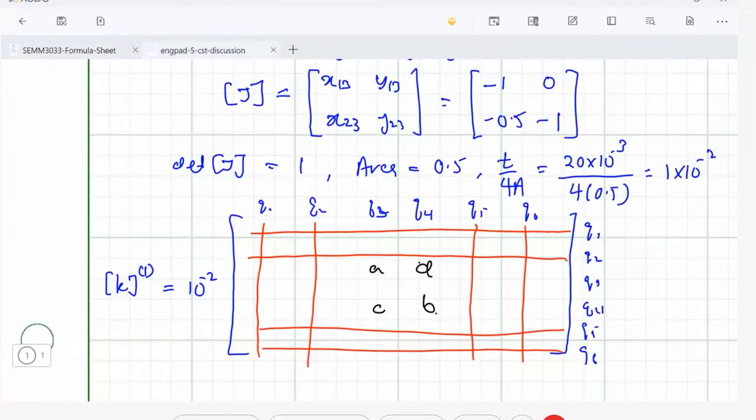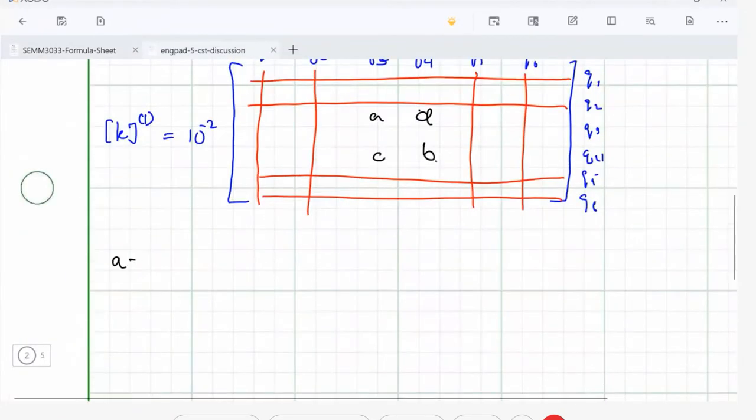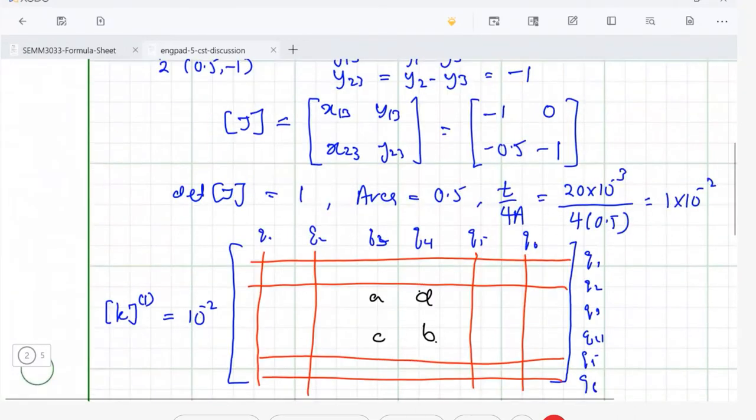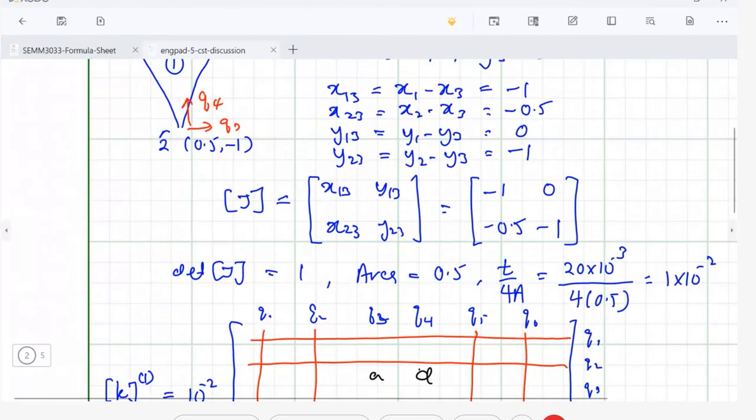In this case, my A is just D11 y31 square plus D33 x13 square. Note that what is y31? y13 is y1 minus y3.